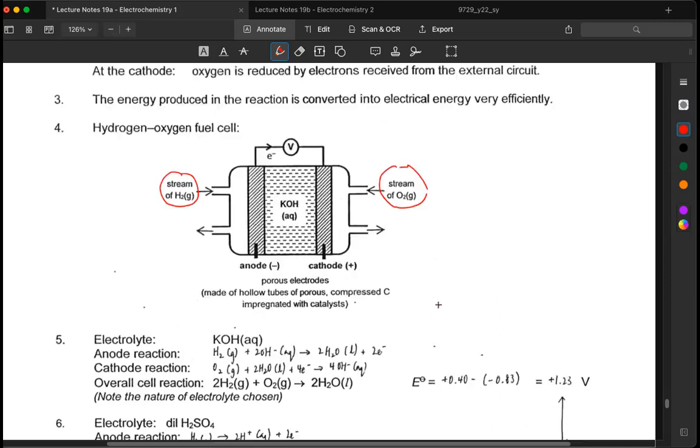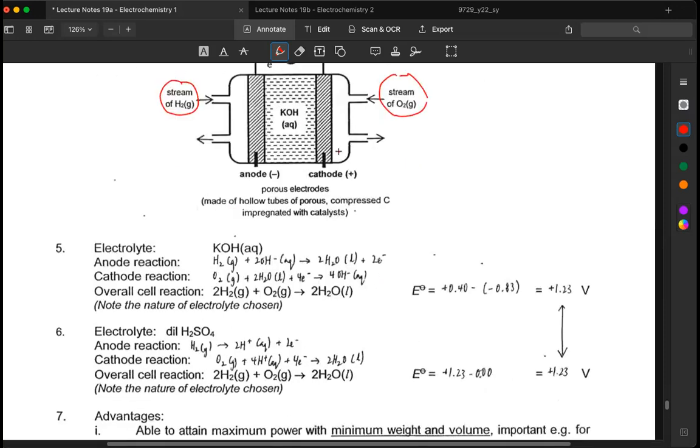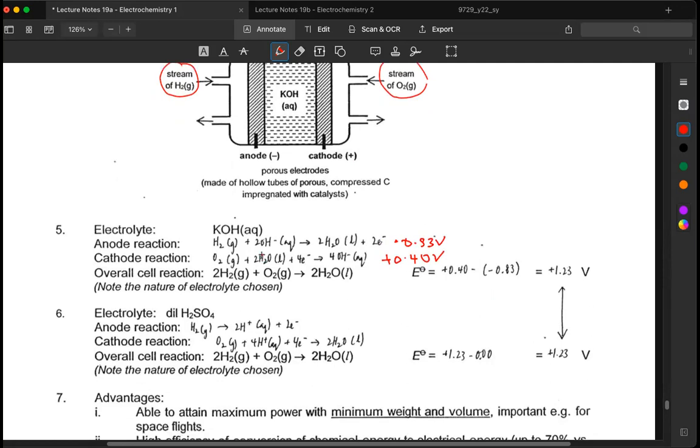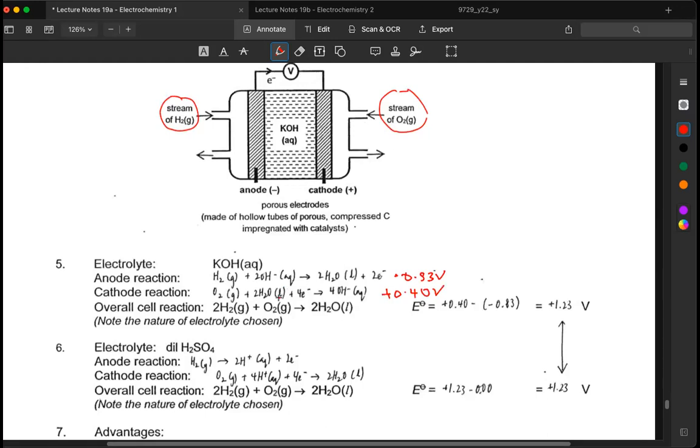So if you copy down the E° data, this one would be 0.4. Then for this one will be minus 0.83. All right, just roughly know the equations. Okay, you need to know.